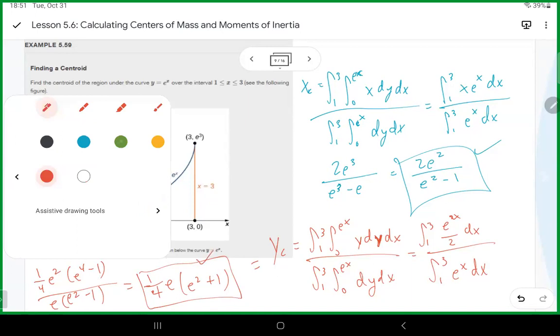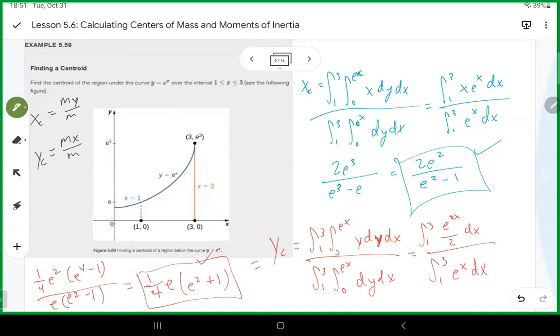So you put those two together and you have the centroid of the region, meaning together as in a point. So the centroid is 2e squared over e squared minus 1, comma, 1/4 e squared plus 1.